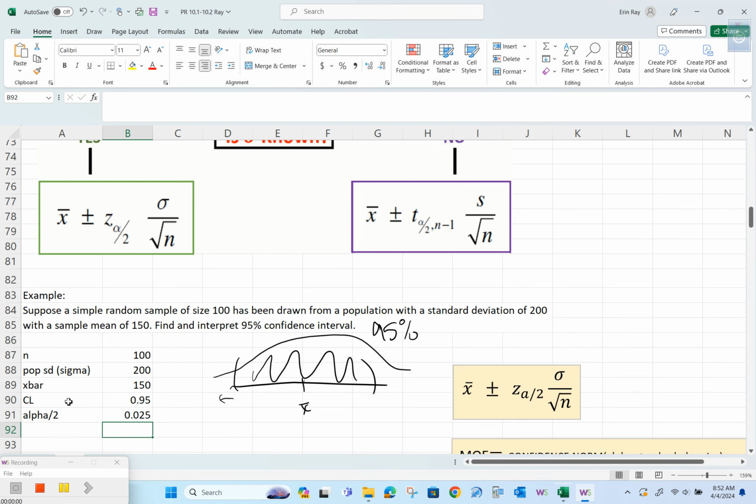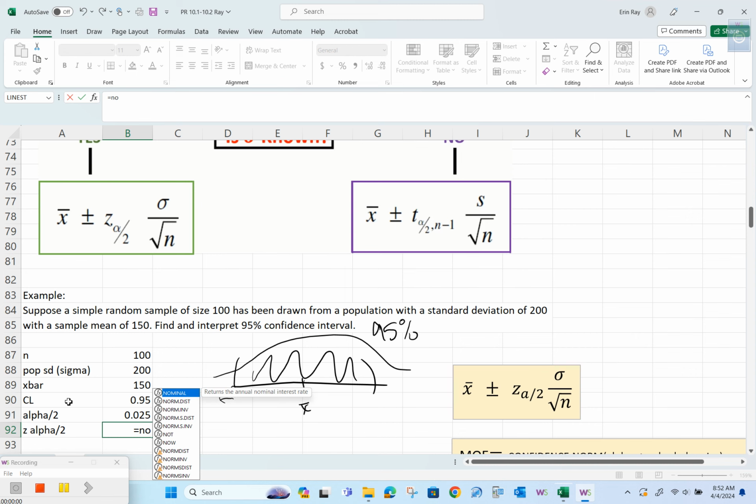So if that is my proportion over here, I can find the correct z-score, the z alpha over 2, by just using one of my Excel functions. As a reminder, all of the z functions go with .s, and when we're trying to find the score, not the probability, it's the inverse.